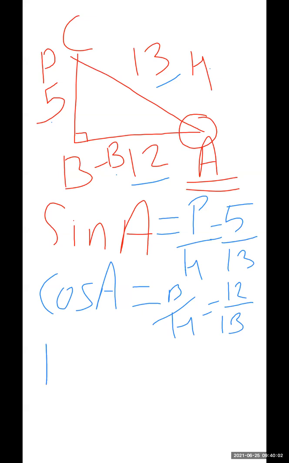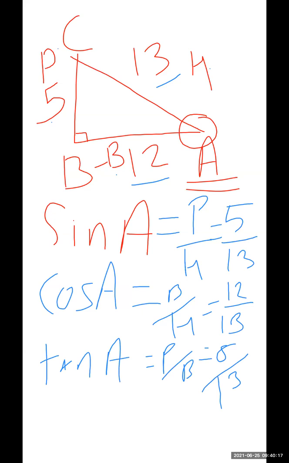Then tan A. For tan A, P/B. So value of P is 5 and value of B is 12. Okay, clear? Yes, miss. If you take the reciprocal, you will get cosec, sec and cot.